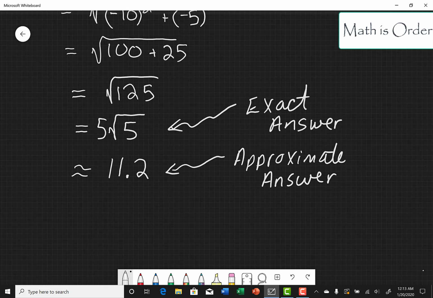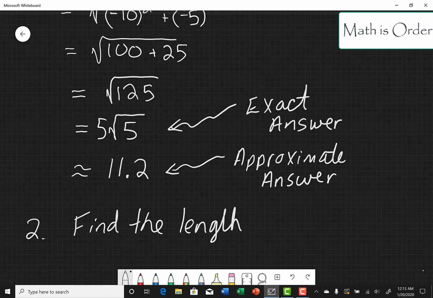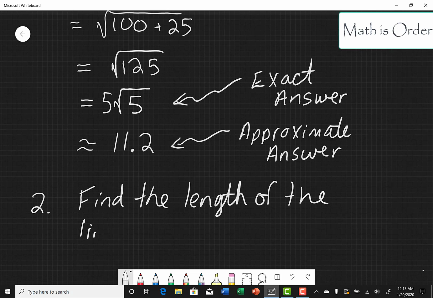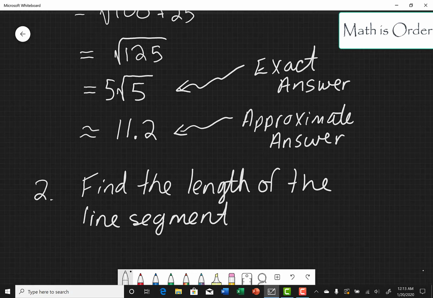All right, let's do a second practice problem. Suppose this time the question is to find the length of the line segment. Right?